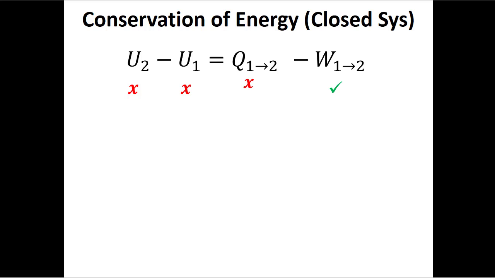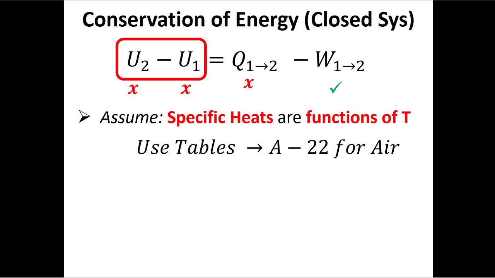So now, how would I do this problem if I was using variable specific heat? Basically the problem would be exactly the same up until the point where I've calculated work. I would come to this point where I say, I would like to find delta U. But now instead of finding delta U as Cv times delta T, I'm going to say that there are variable specific heats, so that the specific heat is a function of temperature.